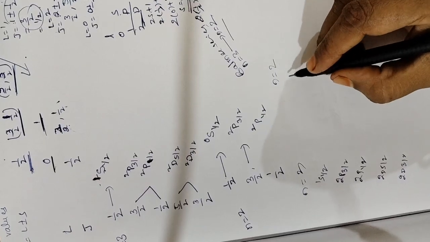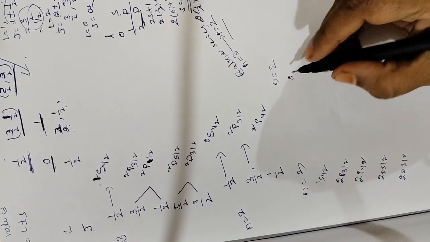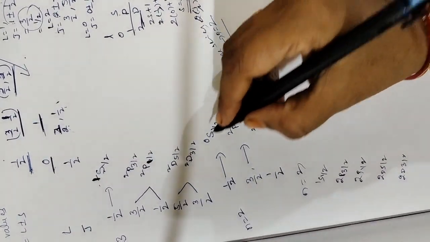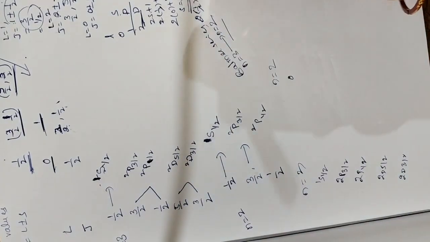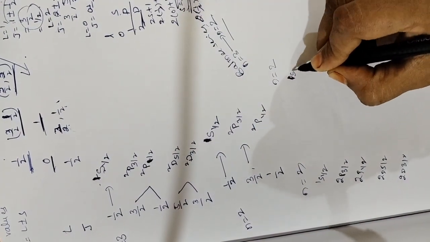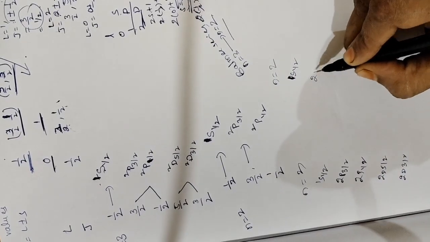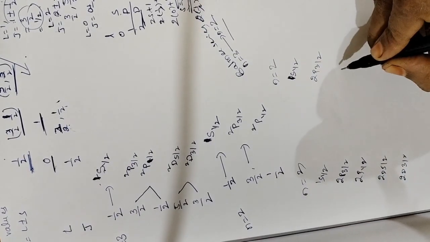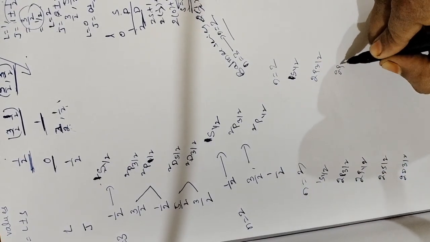And n is equal to 2 values I am writing. Multiplicity 1: 1 S 1 by 2, 2 P 3 by 2 and 2 P 1 by 2.